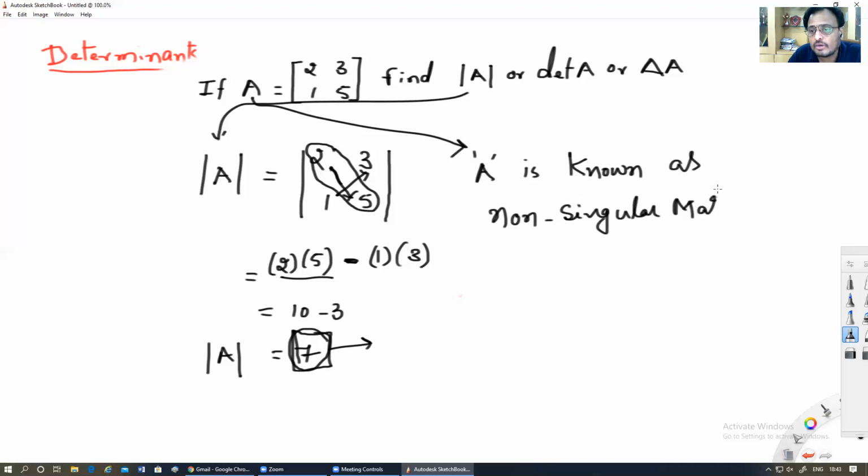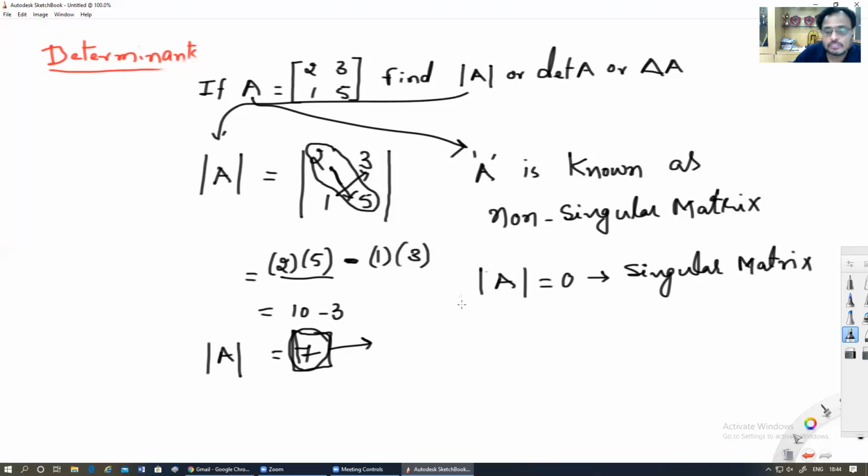But why? I'll tell you now. Very simple. In future, whenever the determinant of any matrix is 0, that is called a singular matrix. If the determinant of any matrix is not equal to 0, then that is known as a non-singular matrix.